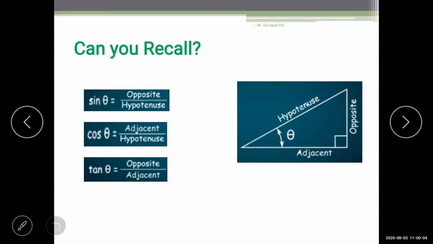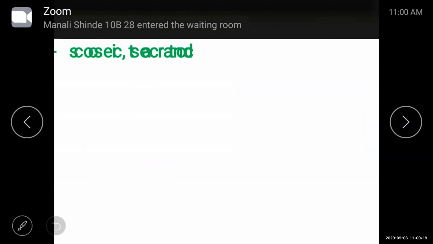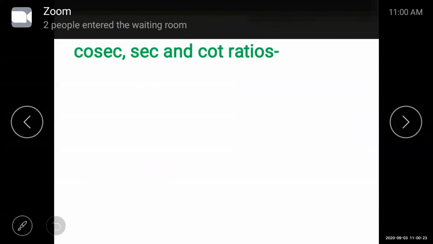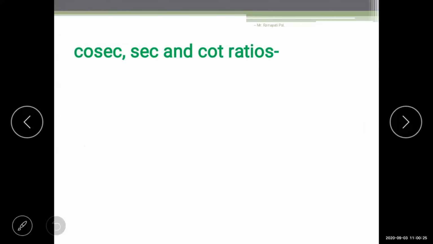You have learned this in 9th standard. Remember this formula, learn it. Based on this formula, we will do one activity also, so you can participate in that. Cosec theta, sec theta and cot theta ratio.